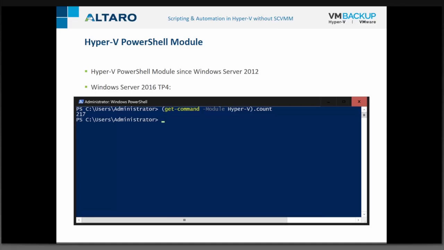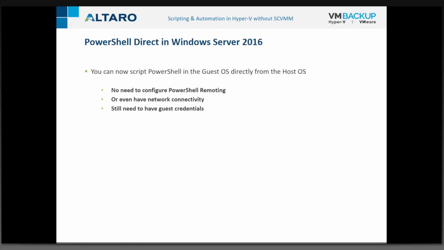Everyone who was playing with Windows Server 2008 R2 and did some Core setup, for example, or tried to automate Hyper-V, knew that there were not a lot of modules available and things were kind of hard, right? So that was the foundation for everything. There were some third-party solutions, of course, but the real good stuff comes with Windows Server 2012 and later. I will show you a little bit more in a couple of seconds.